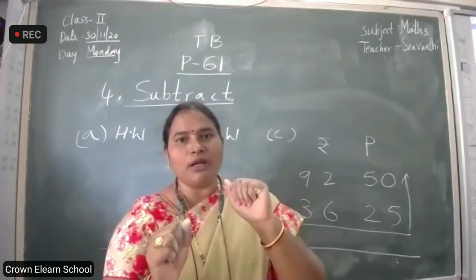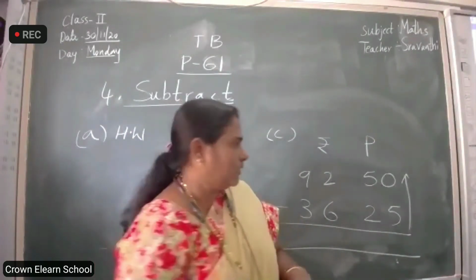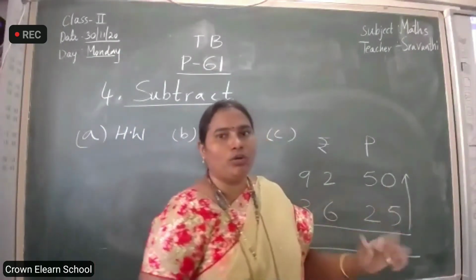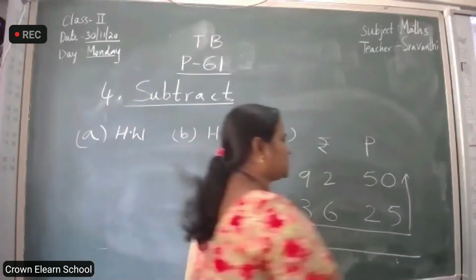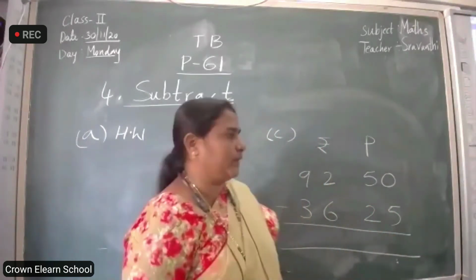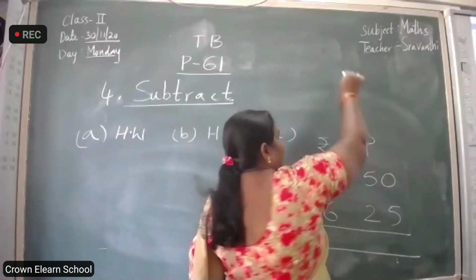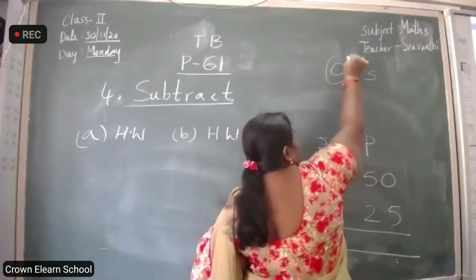Is it possible? What kind of subtraction is this? Will you get 5 after 0? No. What kind of subtraction is this? Borrowing subtraction. We need to borrow. We cannot subtract 5 from 0. Why? Because nothing is there.